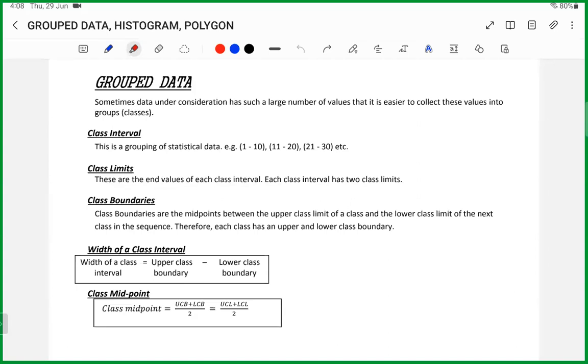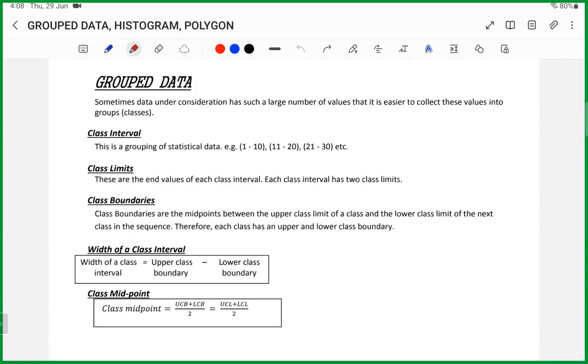So we are looking at the vocabulary around grouped data. This will be in the PDF. If you want, you could start writing them down. You might not have enough time to write every single thing down, but you could always go back to the PDF afterwards and copy it out.